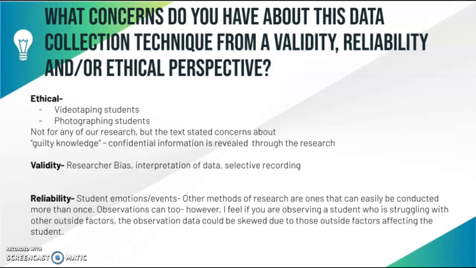So my biggest concern would be that observations would change if students have other outside factors affecting their behavior, attitude, or mood. The observation data could then be skewed due to those outside factors.